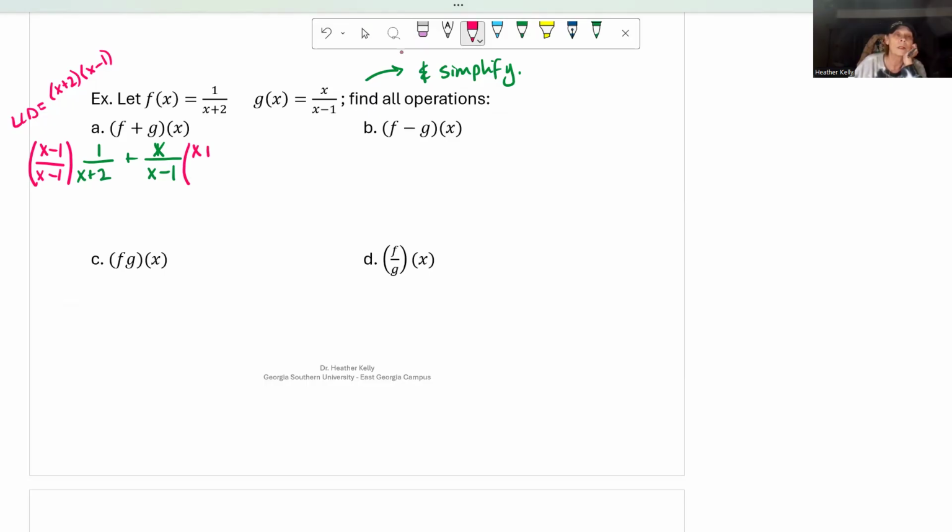So we're going to do like we've done before. We're going to multiply the 1 over x plus 2 by the fancy 1, which is x minus 1 over x minus 1. And we're going to multiply this right-hand side by the x plus 2 over x plus 2.